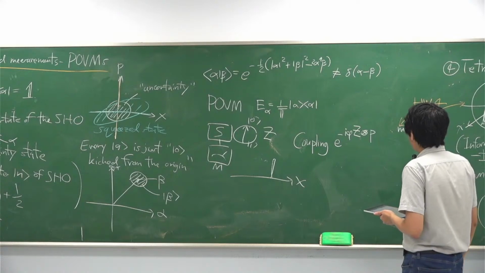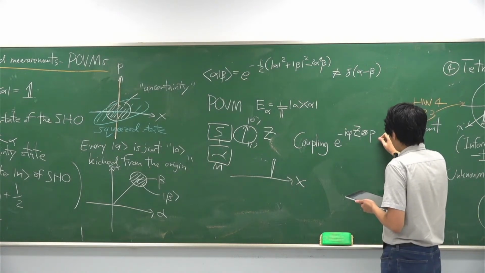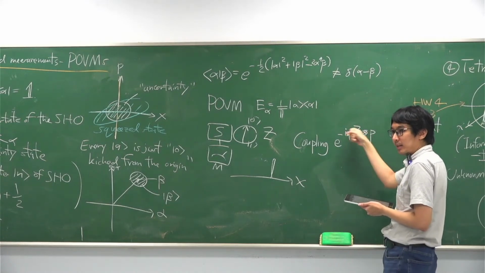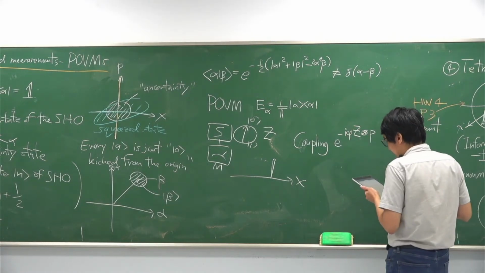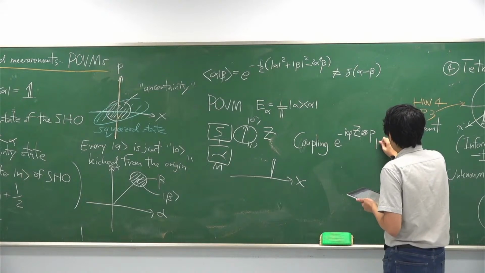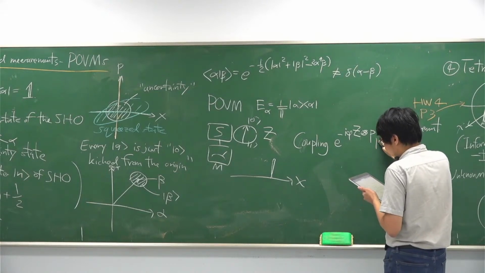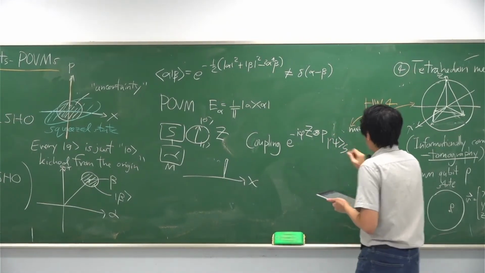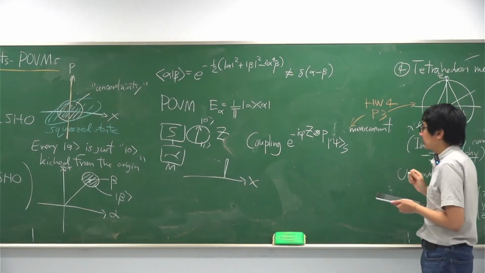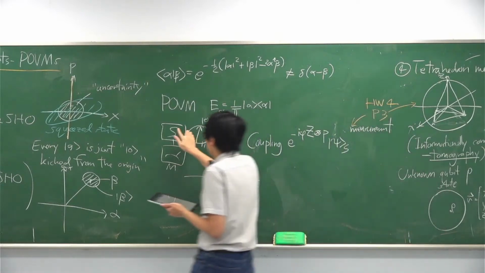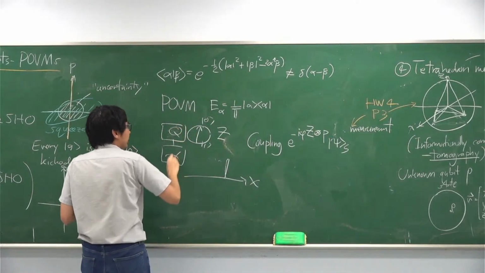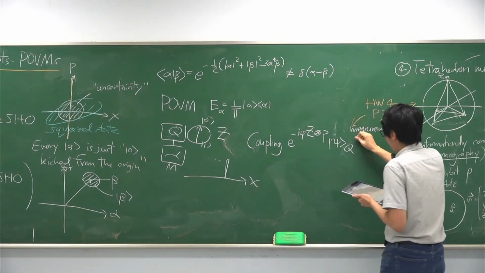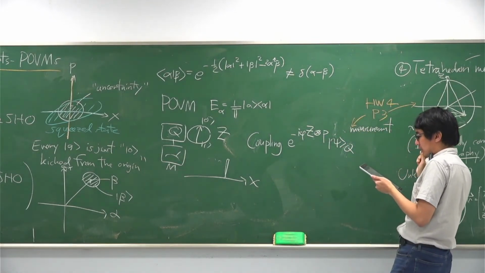So this is a unitary operator generated by this interaction. This is a qubit state, let's just call it Q, and then we have a meter.